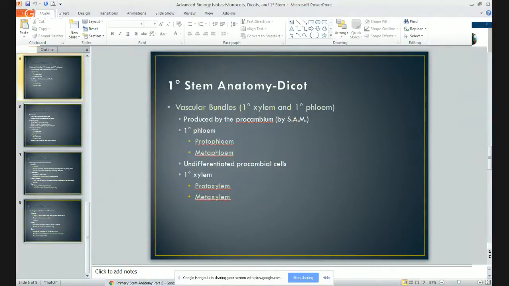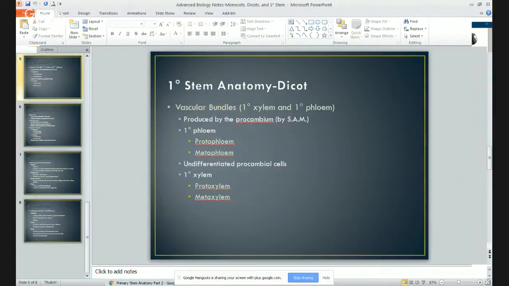Now, in both the roots and the stems, your phloem can be divided into two different types, your protophloem and your metaphloem. Your protophloem is always the older phloem, and the same goes for your protoxylem. Those are your first formed or your oldest. Your newer phloem or xylem, which will be your metaxylem or your metaphloem, will be newer.